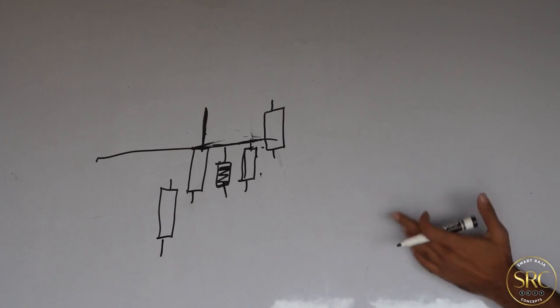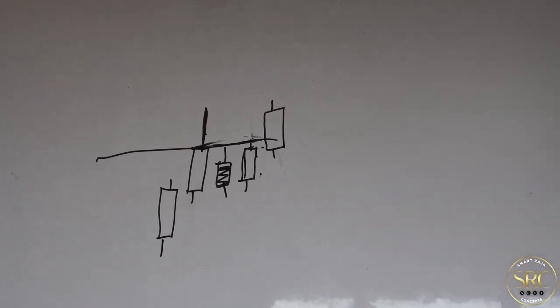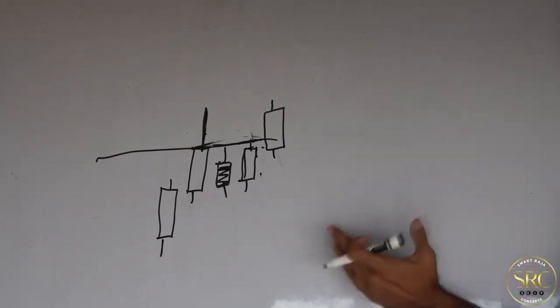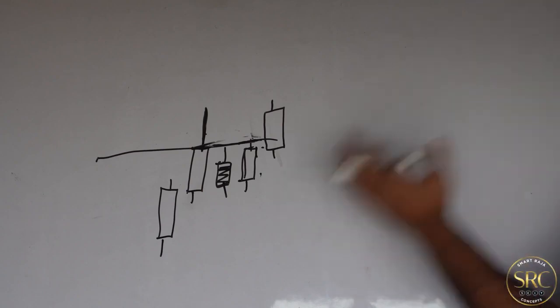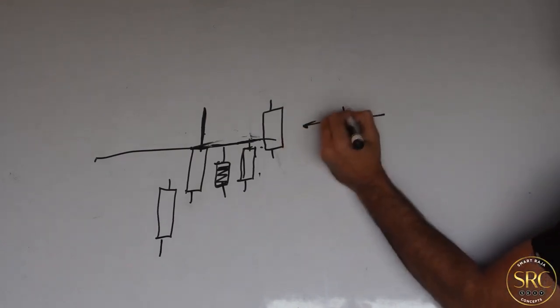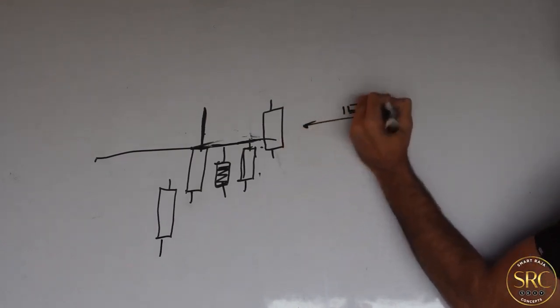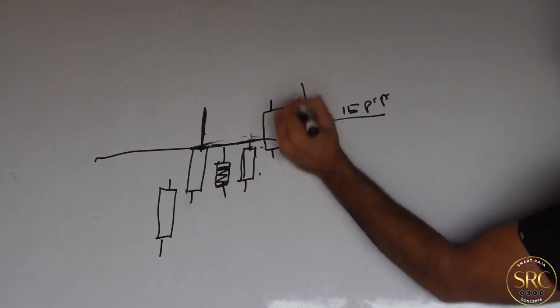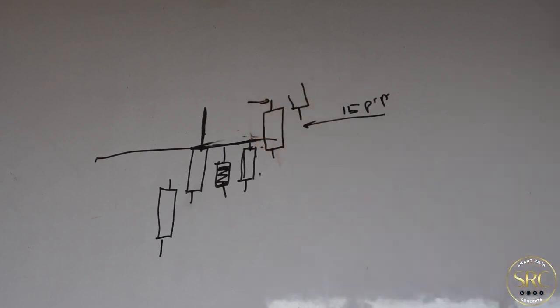I'm calling it a Robocop because it's so strong that it closed outside of that range. This is like 15 pips, not that big of a candle, and the next candle wicks down and breaks above this high, so there's a high probability we're going to go up. That's all I'm looking at in this scenario for impulse entries.